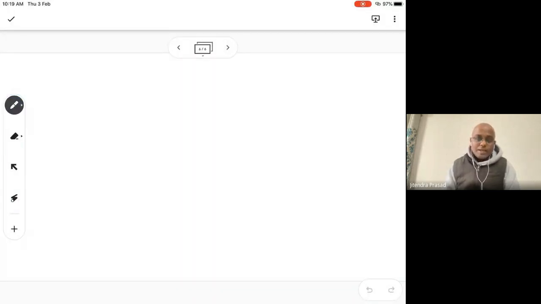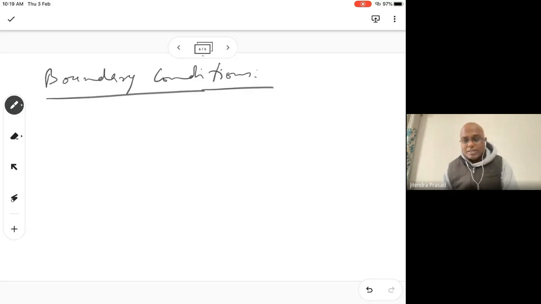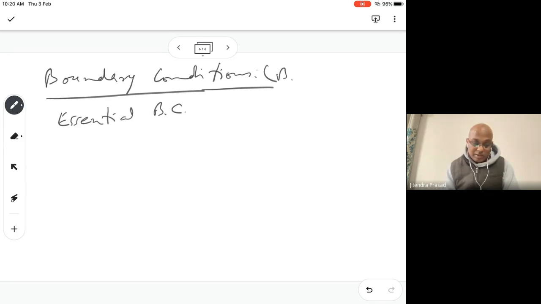Okay, now the only thing left is boundary conditions. Boundary conditions can be of various types. Typically you have what is called the essential boundary condition, and in that case you apply temperature.